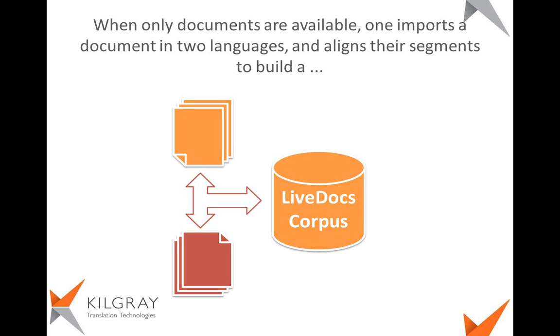So they actually kept asking me, or product support for that matter, where the alignment had gone. And I also delivered training just last Saturday where people actually asked me the same questions. So you can align documents and put them in a so-called LiveDocs corpus.